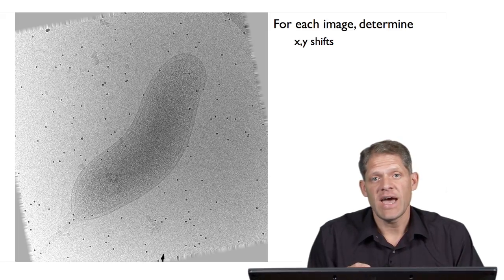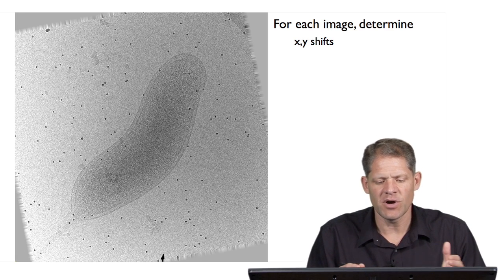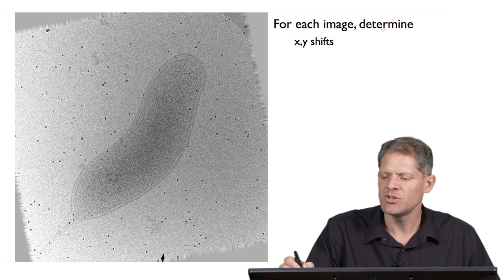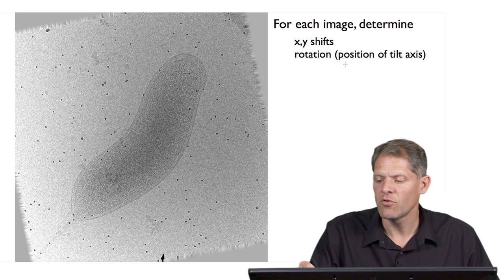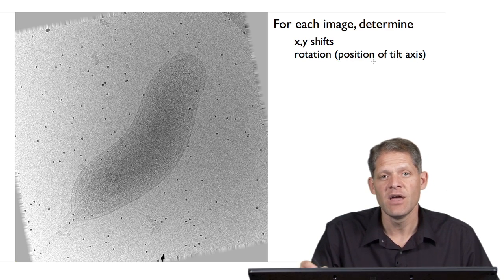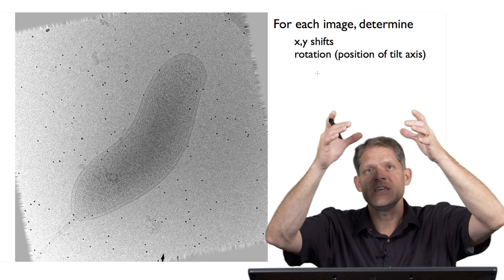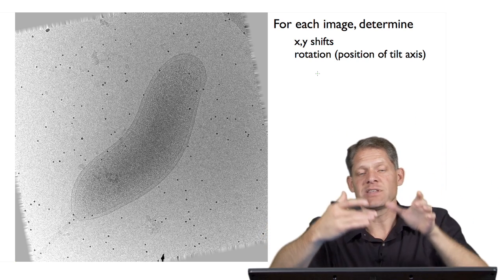And so the first task in calculating a 3D reconstruction is to align this tilt series. And for each image, we first determine the X and Y shifts that apply, also the rotation, or the position of the tilt axis. Because remember, EM lenses cause images to actually rotate as they come down the column slightly.